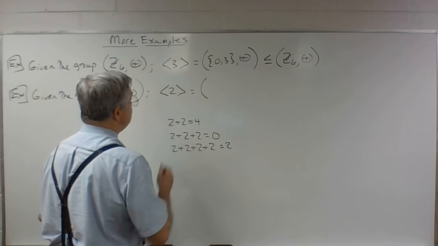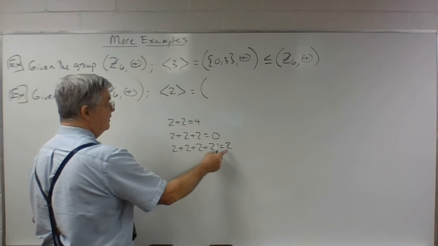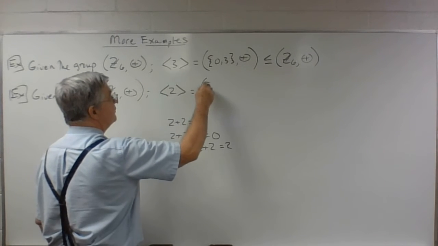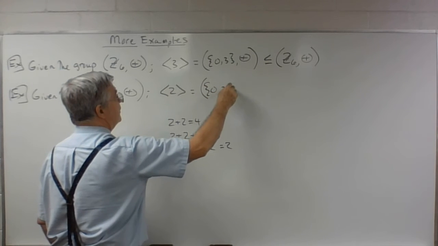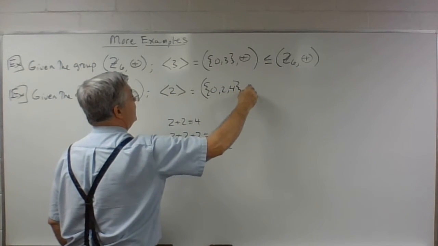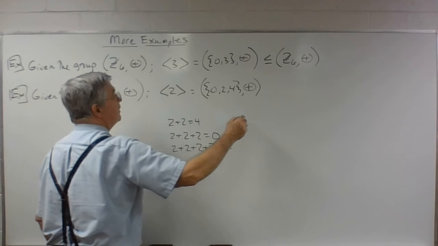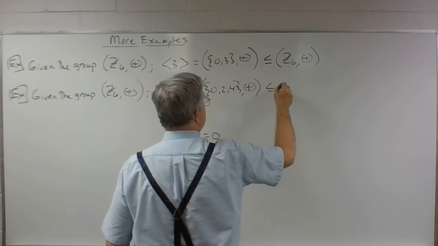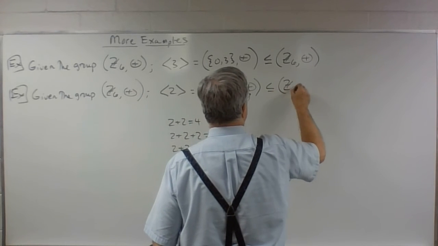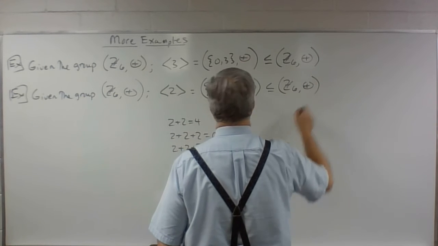Okay, so 2 generates the elements 0, 2, and 4 mod 6. And that is a subgroup of Z6.